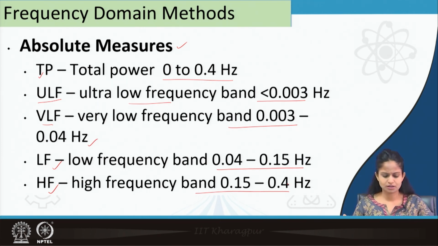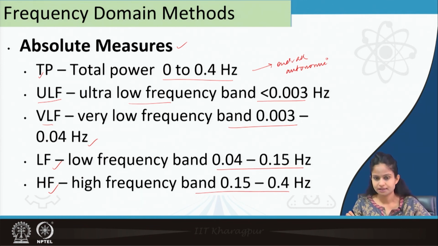Each of these frequency parameters has significance for cardiac autonomic control. For example, total power estimates the overall autonomic activity. It is similar to the SDNN of time domain analysis. Ultra low frequency is not of much use. Very low frequency usually reflects noise signals.